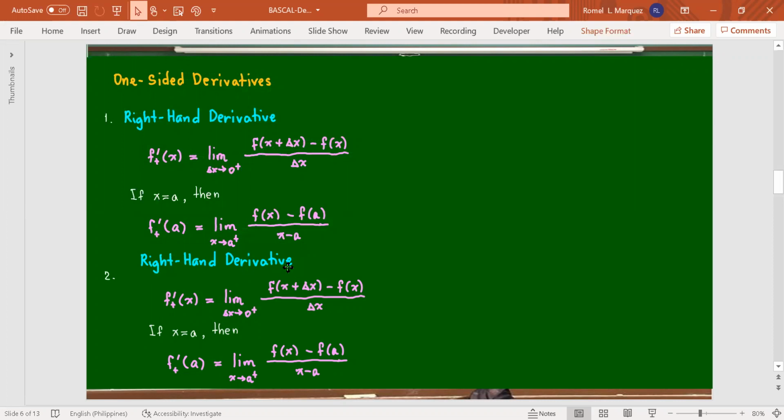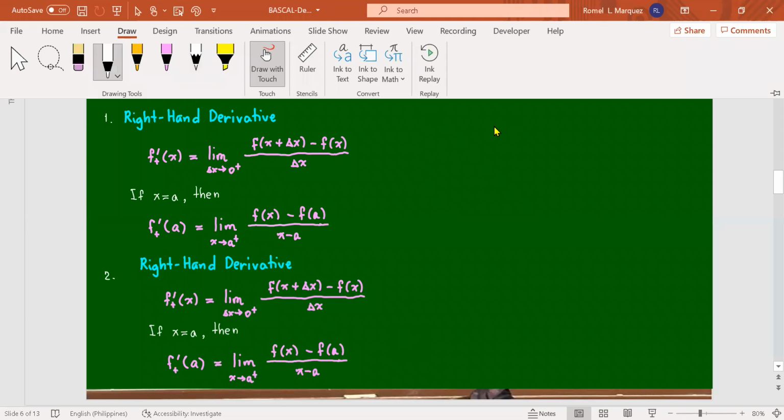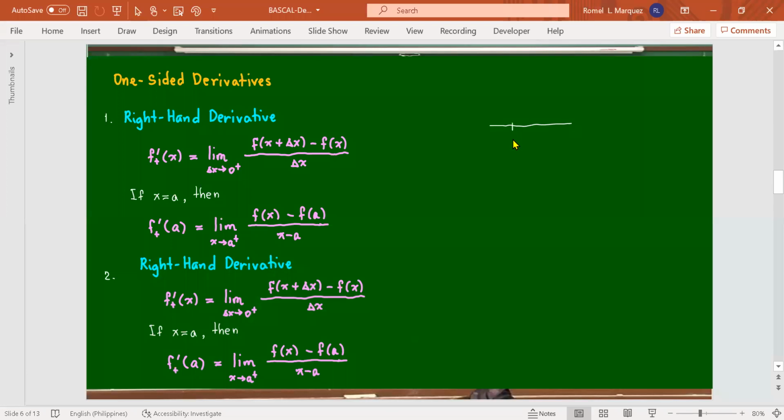Wait lang sir, bakit nga po x minus a? Binilagyan ko na kasi yung x ng particular value eh. Ah, okay po. Ito a na ngayon. Nag-change siya ng delta x. A plus delta x, a no?